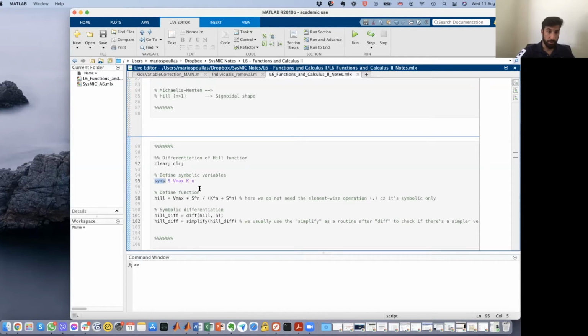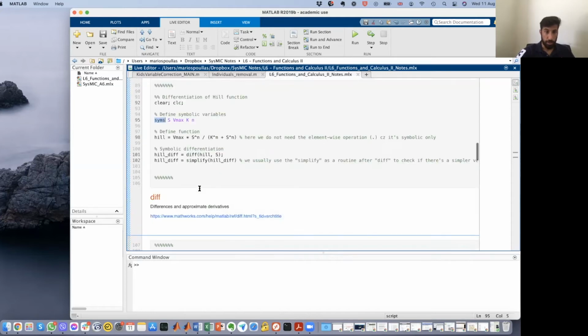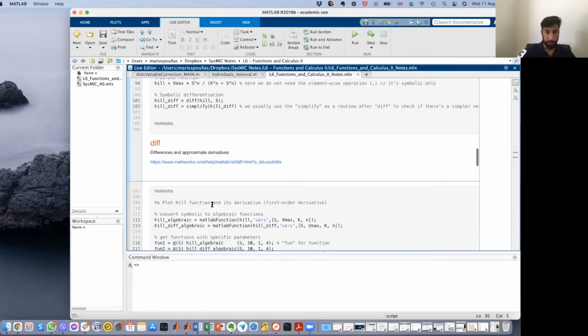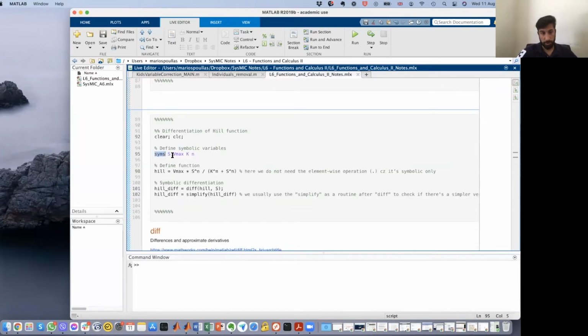The reason is that this time we are defining them as symbolic variables, not algebraic, as we needed earlier. However, we are going to convert it into algebraic later on. Let's come back to this in a second.